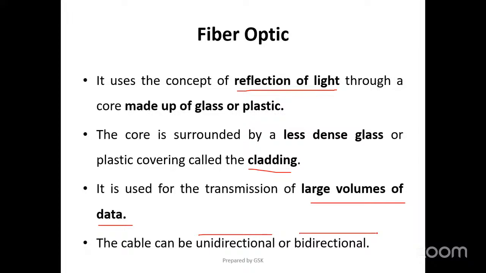We have two types of fiber optical cables. Some fiber optical cables are unidirectional. They are used to transmit the data in one direction only. And we have bidirectional fiber optical cables also.